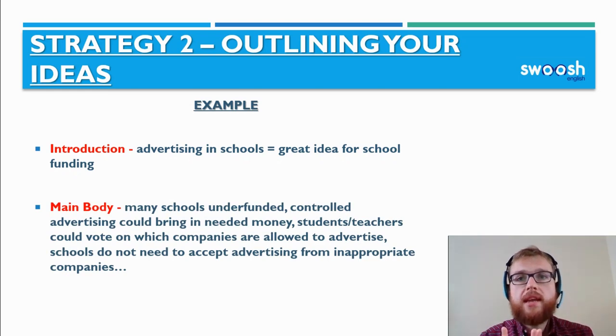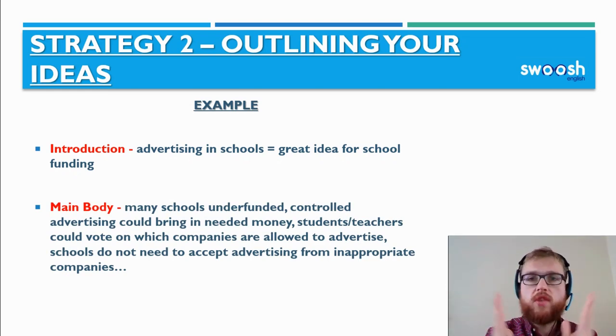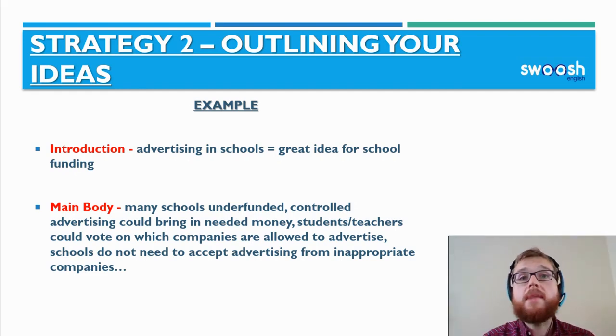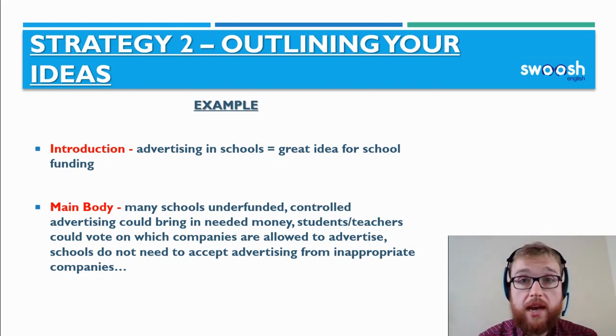So your main body is going to take some of the ideas that you had in your brainstorming and you're going to incorporate these into your main body of the text, basically being the meat and bones of your essay. So you might take the point of many schools being underfunded and controlled advertising could bring in needed money. That's your first point of view and your first supporting evidence.